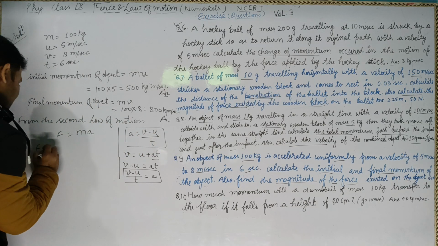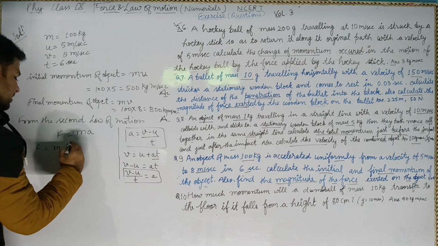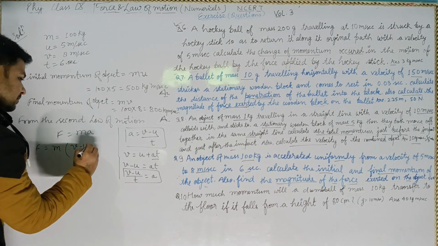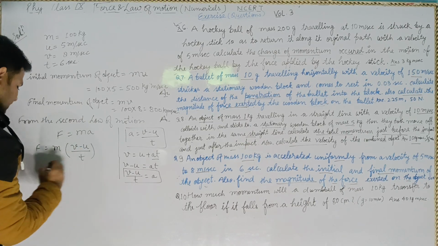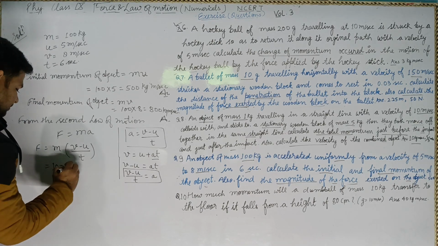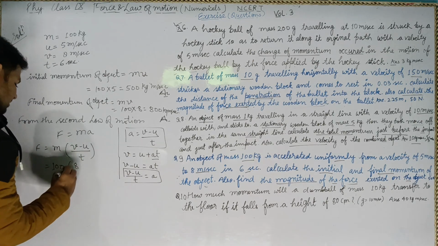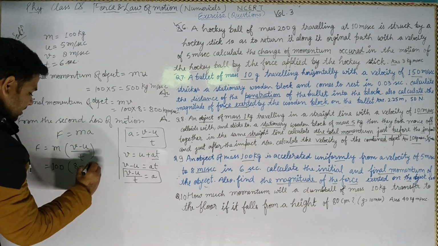So F equal to mass into v minus u upon t. Putting the values, it is 100 kilogram and v is given 8 and u is 5 upon t.